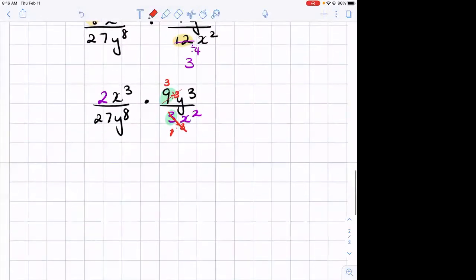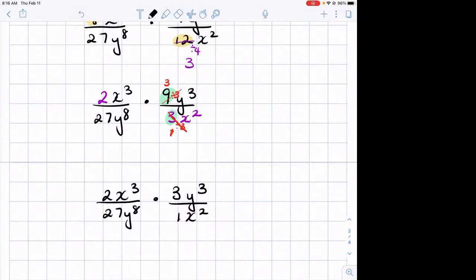So what do I have now? I have 2x cubed over 27y to the 8 times 3y cubed over 1x squared.